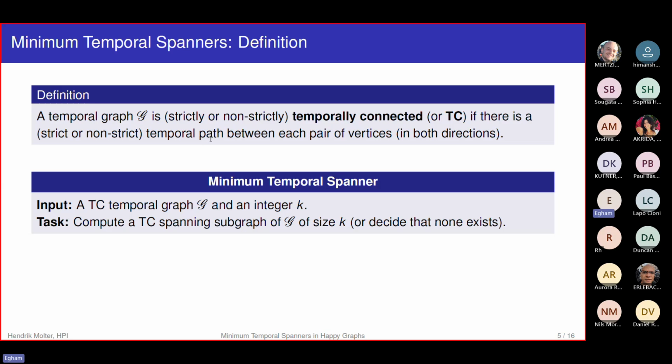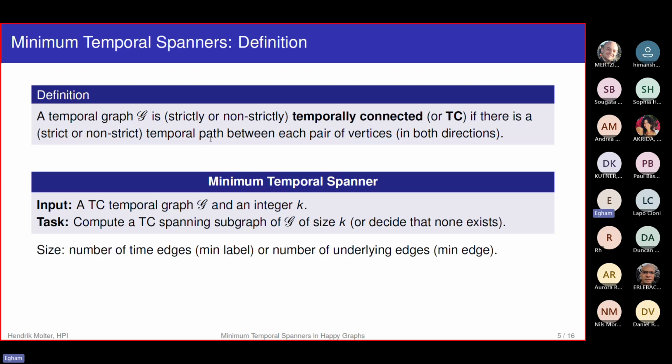We get a temporal graph as input, and we are promised that this is temporally connected already. And we get some integer k if we want to treat it as a decision problem. Then our task is to compute a spanning subgraph, meaning a graph that still contains all of the vertices, that is temporally connected and has size k.